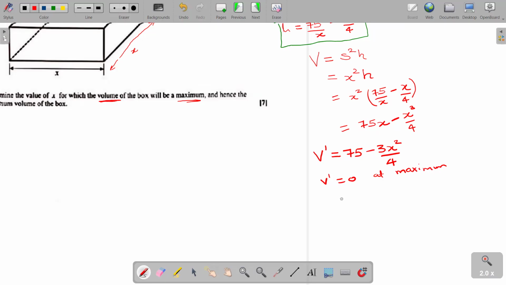So we are going to have 75 minus 3x squared over 4 must be equal to 0.